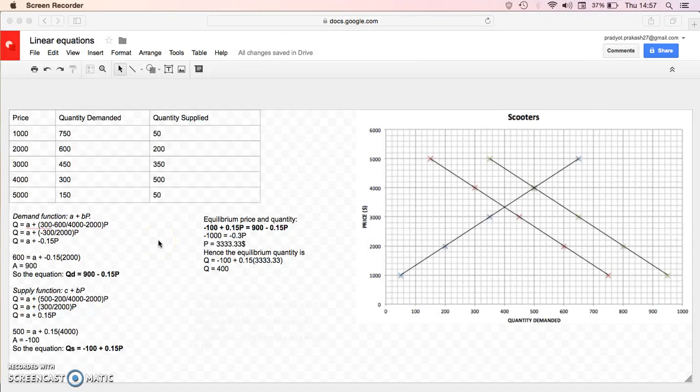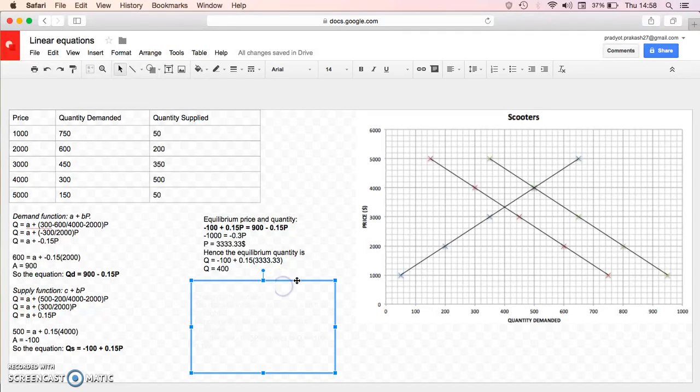Alright, now what we need to figure out next is what happens when there's a shift in demand or a shift in supply. In my example here for scooters, when the price of gas went down, the demand for scooters went up. So I'm going to explain a shift in demand here to the right, which indicates an increase, which I've already graphed out here. So how do we change the equation when the demand increases?